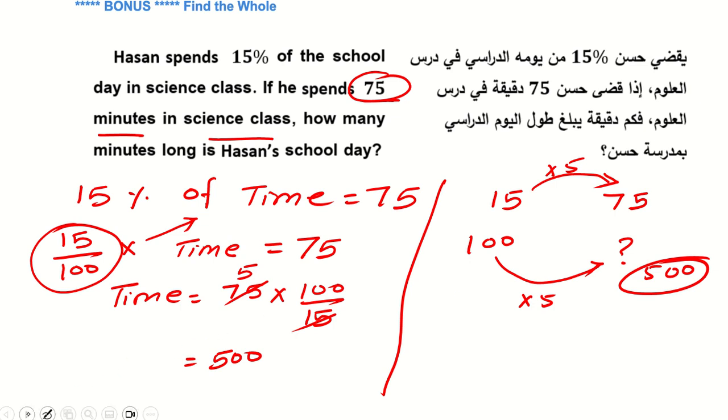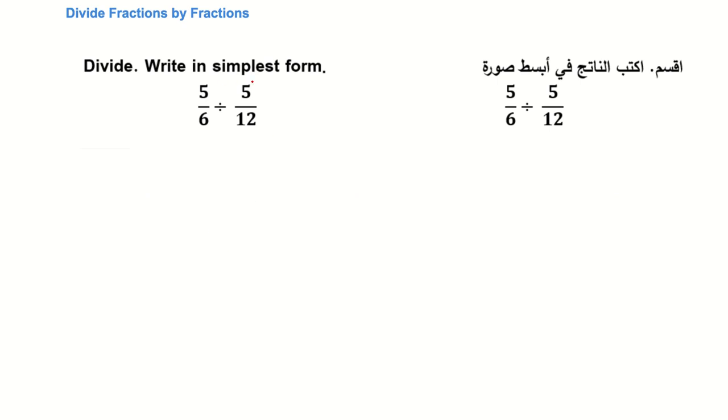Now, next question can be, divide this in simplest form. My dear students, here you will remember one thing. Whenever you are dealing with the division of fractional numbers, what simple thing will you remember?